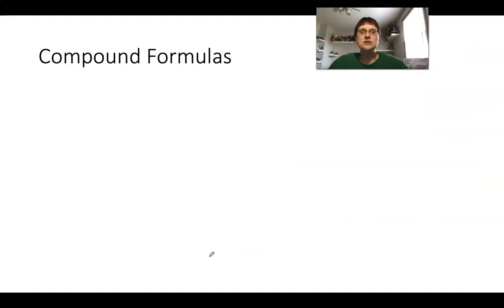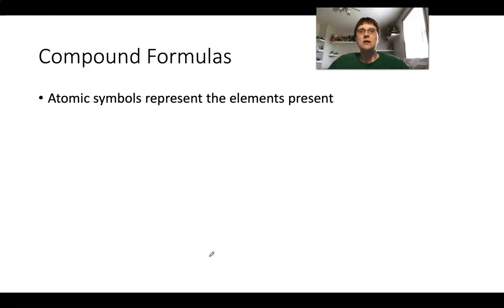The last thing I want to just talk briefly about is compounds, as far as their names and so forth, because we're going to see these going forward, because we've made compounds using these different bonds. So when we want to make a compound, as far as the formula goes, we're going to use the atomic symbols from the periodic table to represent the elements.